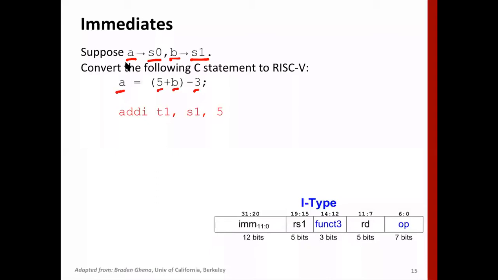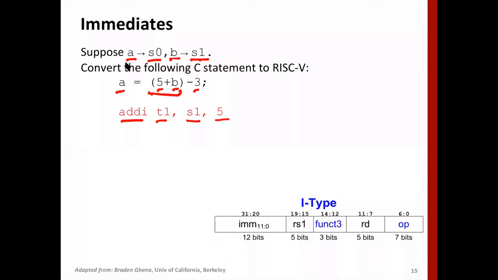First we do this operation and put the result in a temporary, t1. Since s1 is b, we do add immediate s1 with the constant 5.